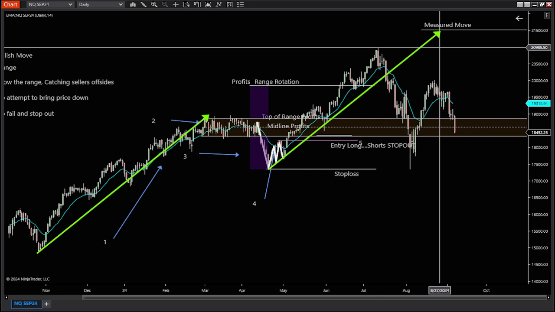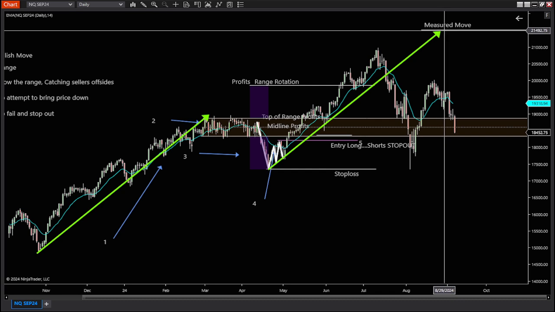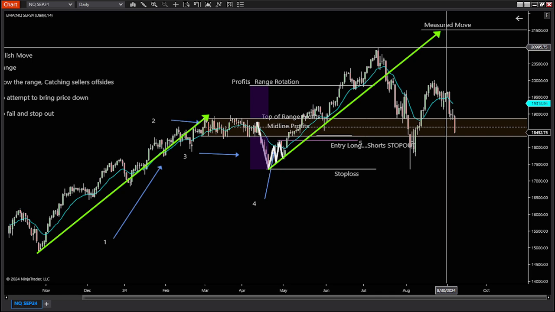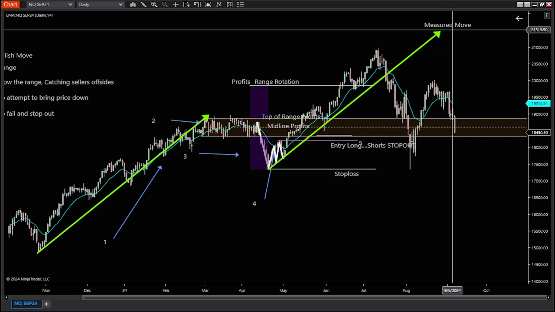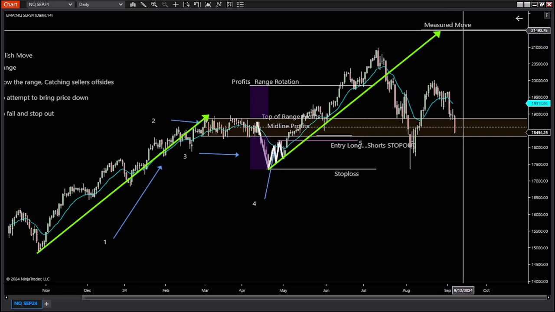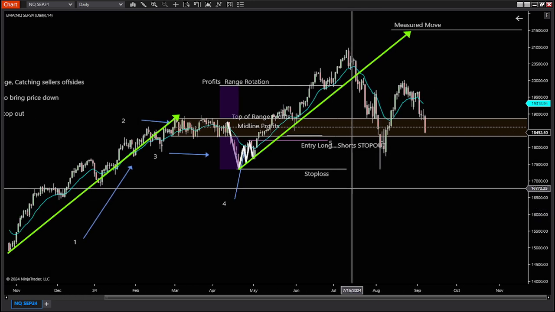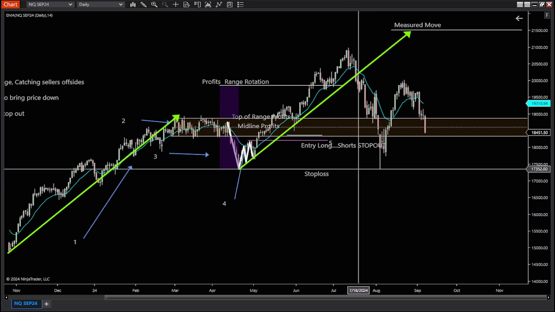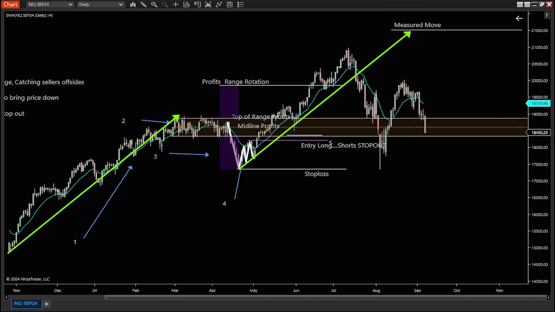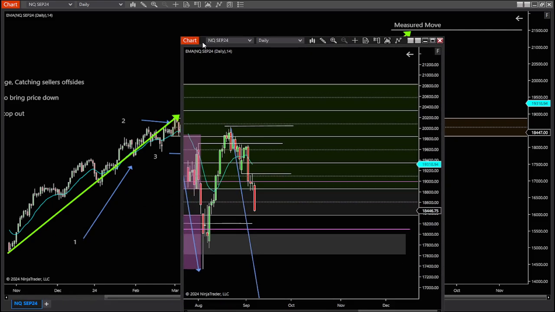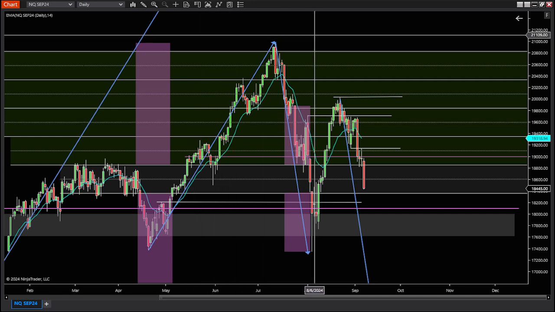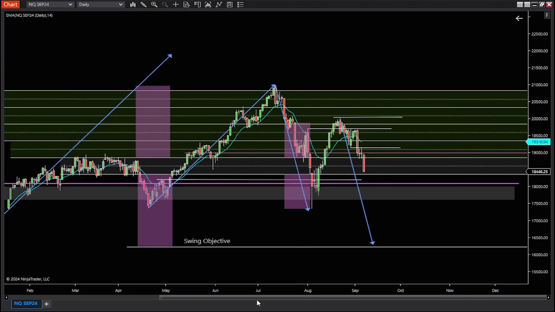We missed by like 985 to, oh my God, math's hard. I'm not even going to try to do that right now, but that's the range measured move. I'm going to leave this on my chart. Let's see, where is my other daily chart? Here's my daily.